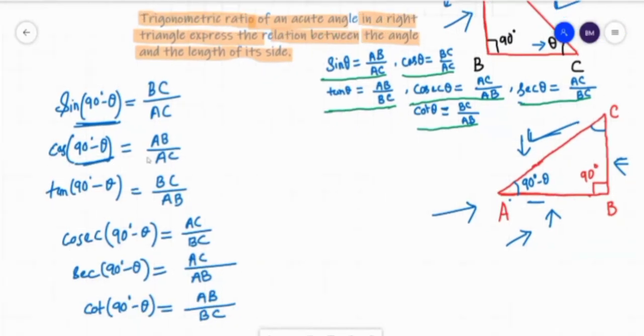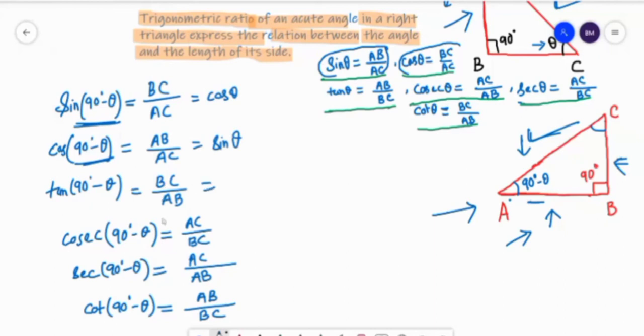Here BC by AC will match. BC by AC is cos theta. So sine of 90 degree minus theta is cos theta. Next, AB by AC is sin theta here. So cos of 90 degree minus theta will be sin theta.